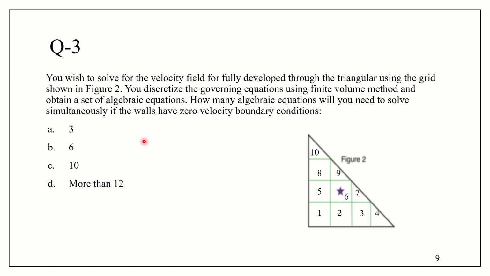So the answer to this problem is 10 equations. Even though the wall boundary condition is given as zero velocity, for each cell we would have an equation, and it would account to 10 equations. So the answer to this problem is option C, 10.